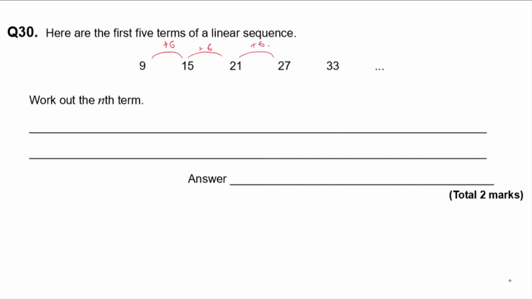So I know a sequence that goes up in 6s, it's 6n, and 6n goes 6, 12, 18, 24, 30. Now if you notice, each term of our sequence is 3 more than 6n. So our sequence is 6n plus 3. Okay, so that's my nth term, 6n plus 3.